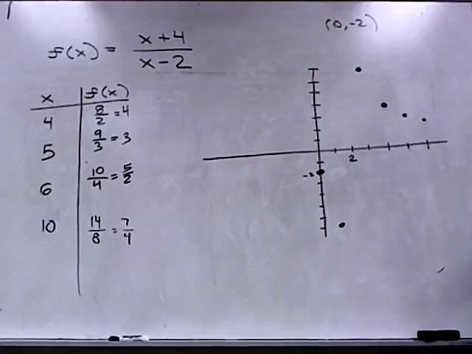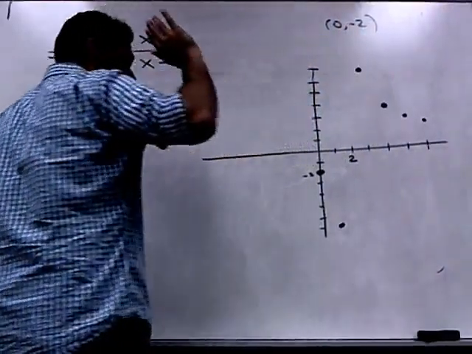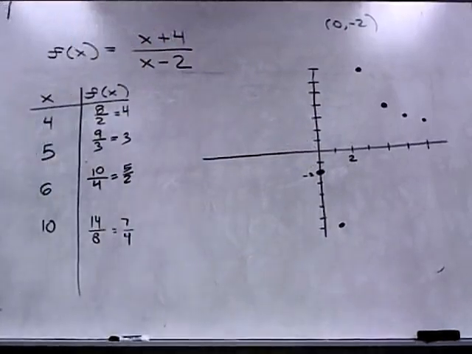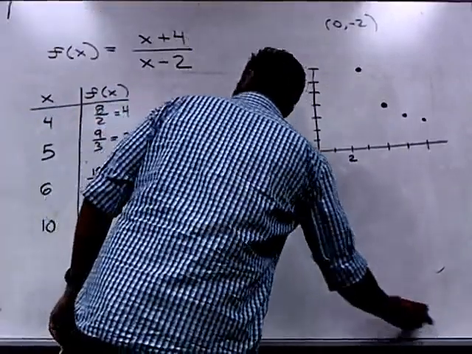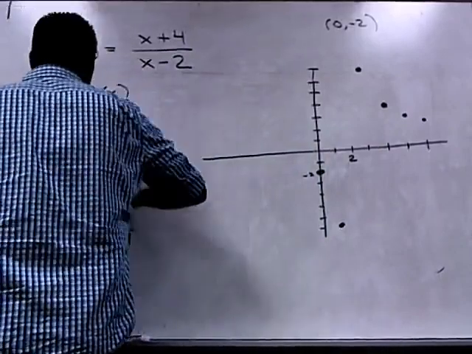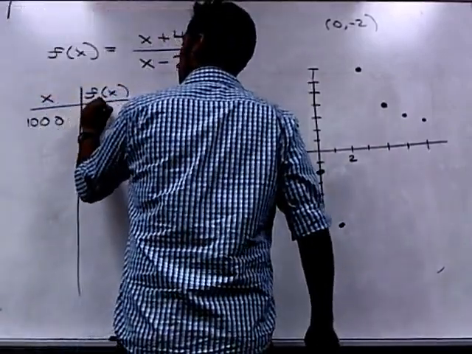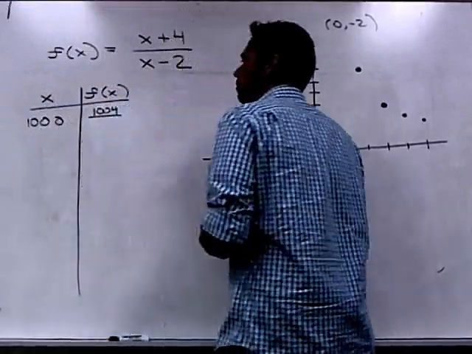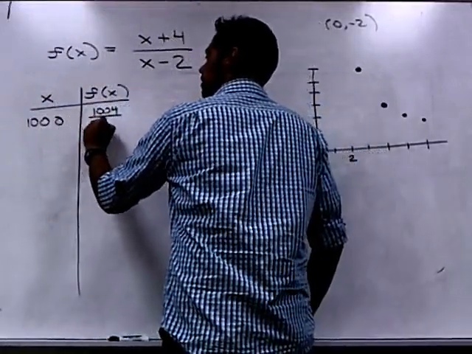Well, let's go even further out. Let's go to 1,000. See what happens. So plug 1,000 in and tell me what you would get. Now you might need your calculator. What's the top? 1,004. What's the bottom? 998.